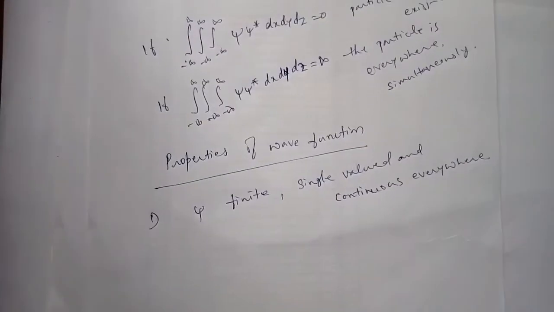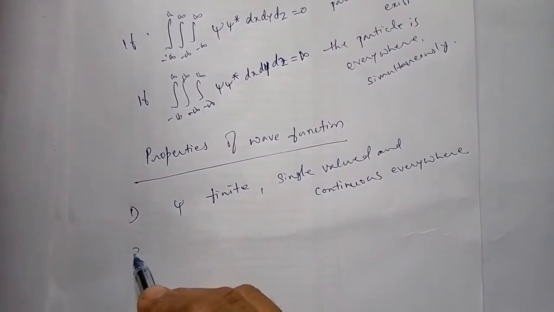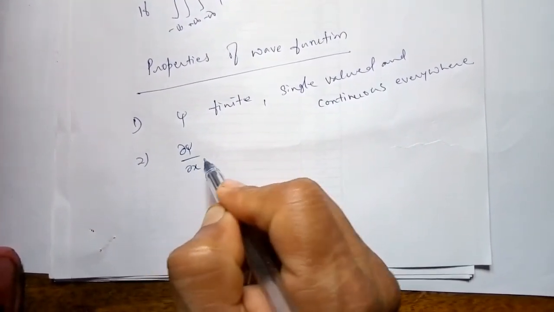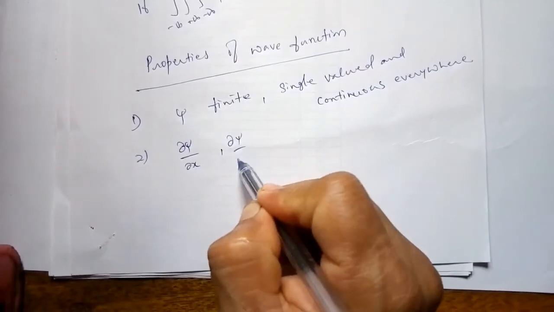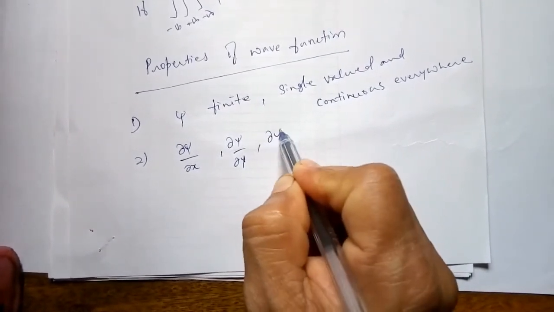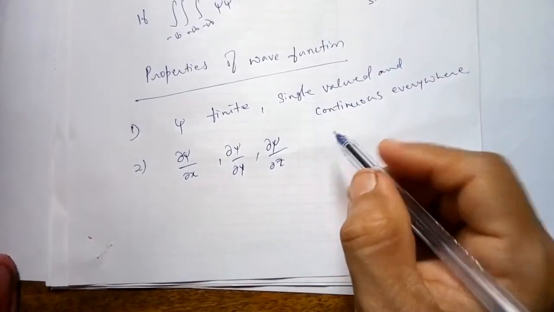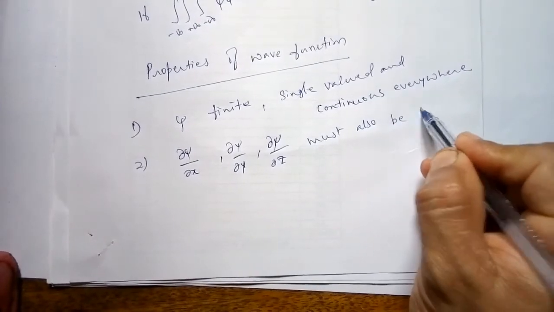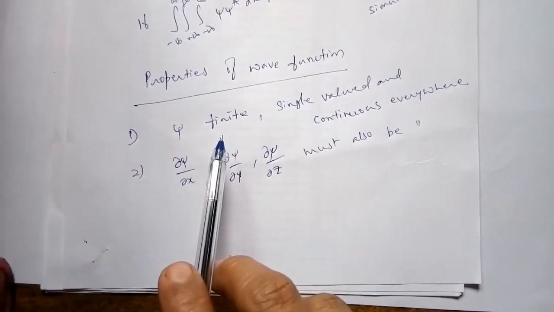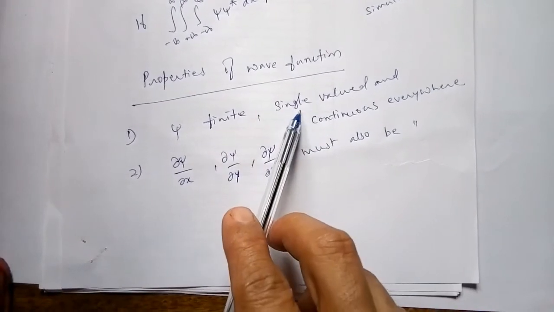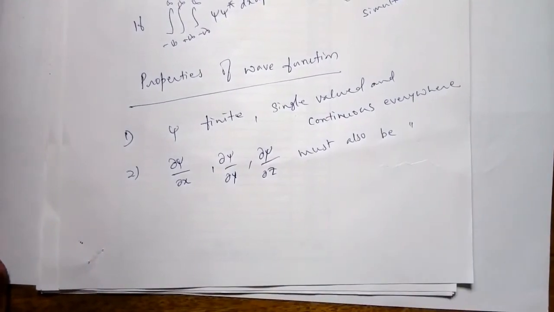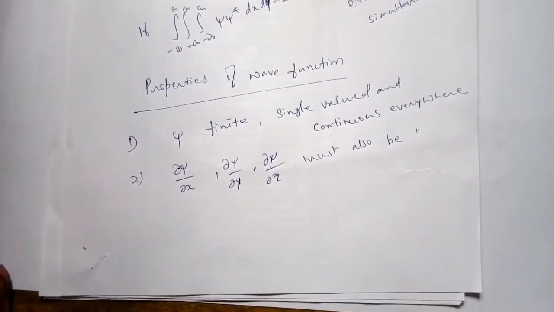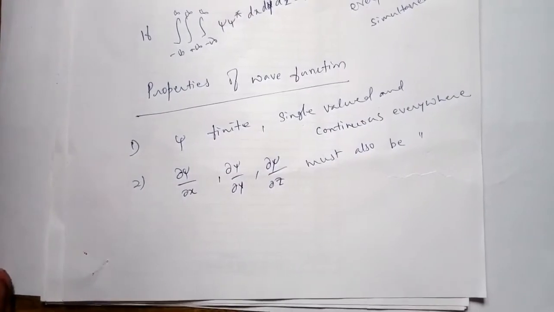That's a very, very important property. The second one is that the partial derivatives of the wave function, that is dou psi by dou x, dou psi by dou y and dou psi by dou z, must also be finite, single valued and continuous everywhere.